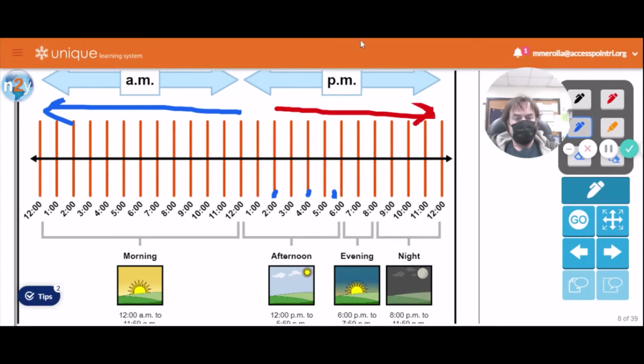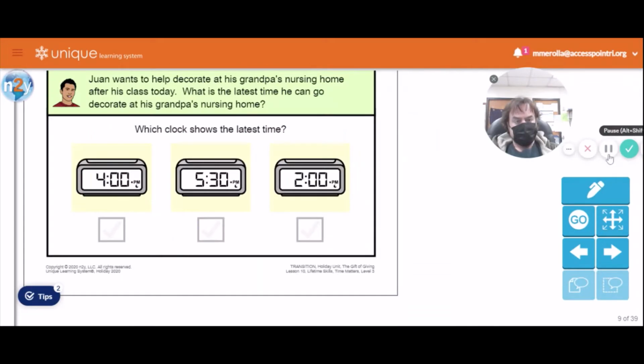So if we're going this way, the latest would have to be 5:30 p.m. Okay, 5:30, I guess in the late afternoon. So 5:30 in the afternoon for Juan. All right, very good.